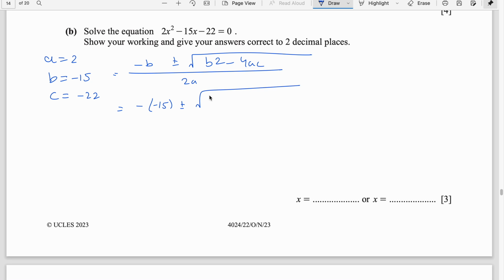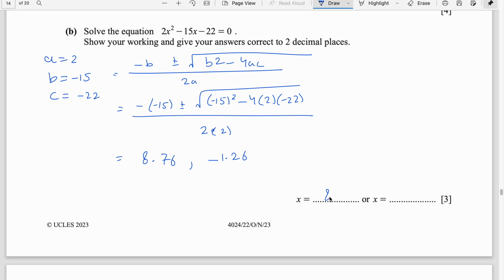Use your calculator. And we get 8.76 with the positive sign and negative 1.26 with the negative sign, up to 2 decimal places.